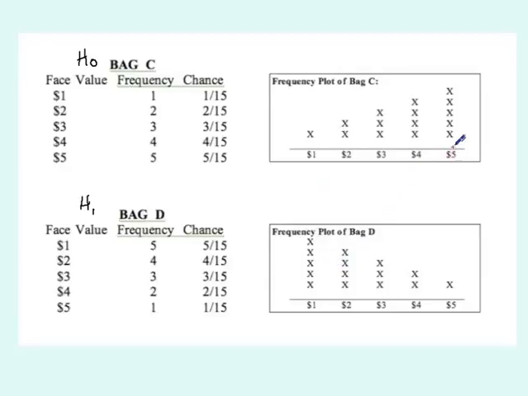On the other hand, if I pulled a $5 voucher, I would be very likely to say that it's bag C, and I would be rather wrong if I said it was bag D. Now, I could have made a mistake in both cases there, right? Those mistakes, which we're about to calculate, have to do with alpha and beta.